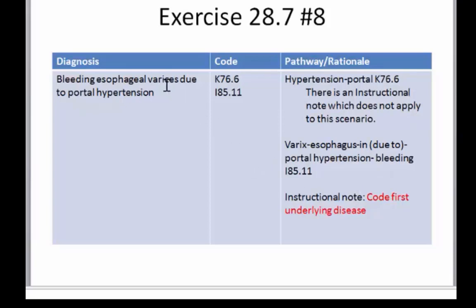And another word for varices is varix in the alphabetical index. So it's varix esophagus due to portal hypertension, with an instructional note to code first the underlying disease. And we know that the underlying disease is the portal hypertension. So that explains your path for this particular exercise.